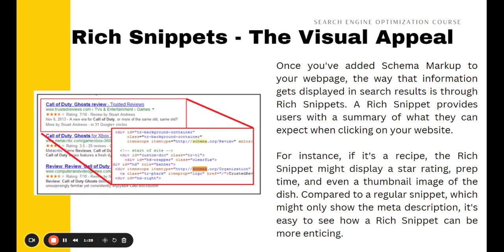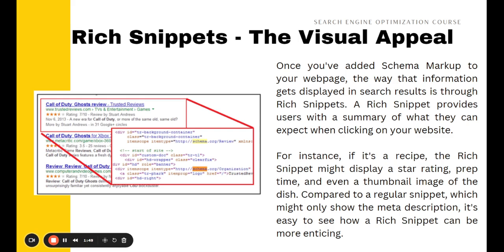So once you've added Schema Markup to your webpage, the way information is displayed is through a rich snippet. A rich snippet is basically a summary of what they can expect when clicking on your website. So if they see this in the listing, it'll increase your click-through rate.